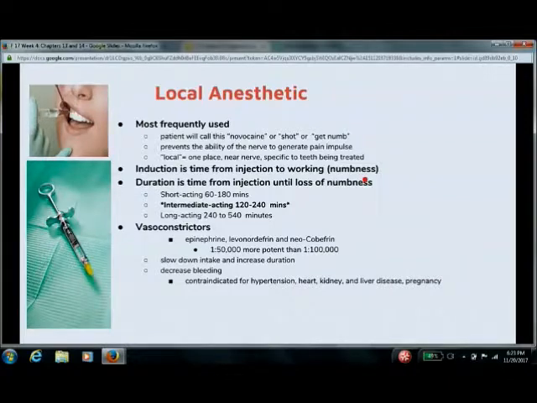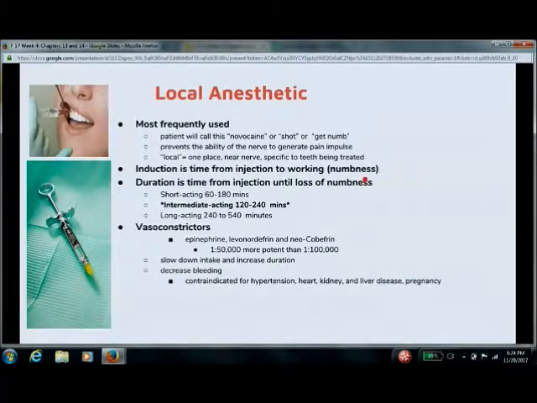And vasoconstrictors are often added to our local anesthetics. What they do is slow down the intake and increase the duration of anesthesia. They also conveniently decrease bleeding. So they're very useful when a patient is having dental surgery performed, because the bleeding decreases in the area that we need it to.